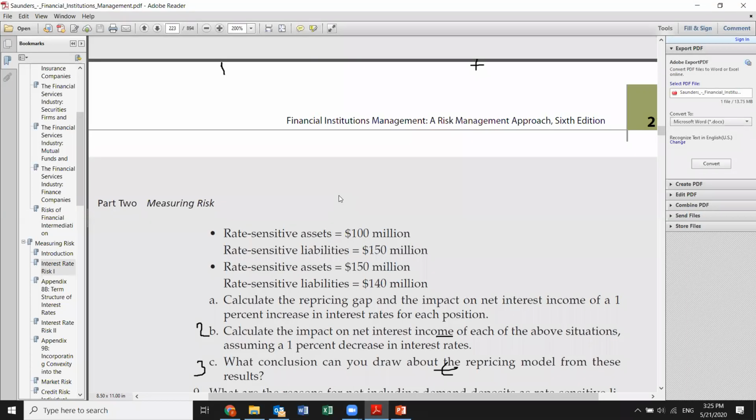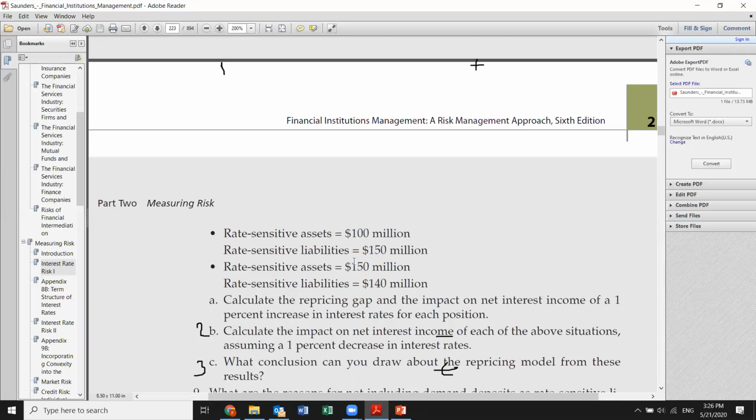Ideally it should be 0. There shouldn't be any huge differences between rate sensitive assets and rate sensitive liabilities, because financial institutions are less willing to put themselves at risk. Keep in mind the ideal point is a 0 repricing gap, because a change in the interest rate will then have a 0 change.